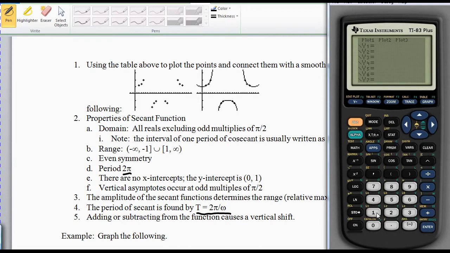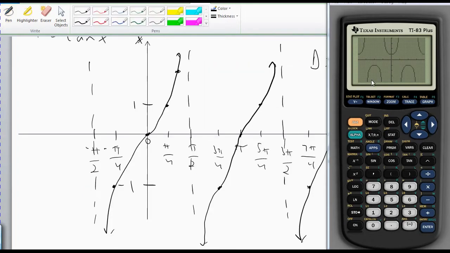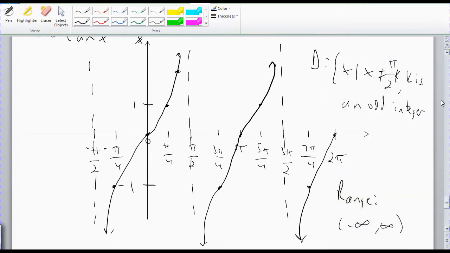And secant, when we graph secant, we're going to type in 1 divided by cosine x. And you'll see something like that, which is what's drawn here. And we'll go to a blank graph, I should say.